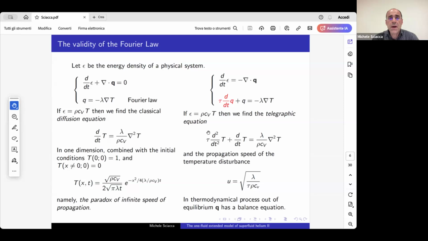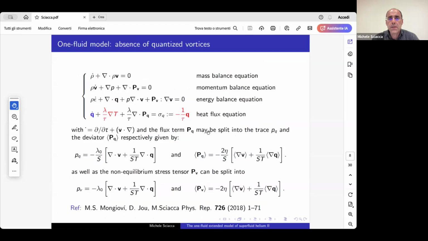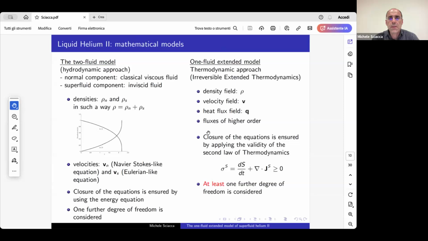For this reason, I wrote here, let me go here, have a look here, just the last two dots. Both models need to consider a fourth degree of freedom. In the two-fluid model, you need to consider two fluids.